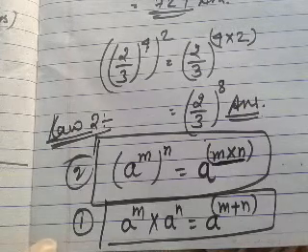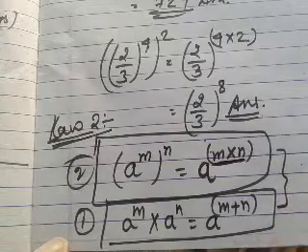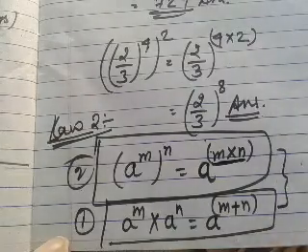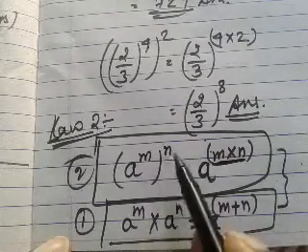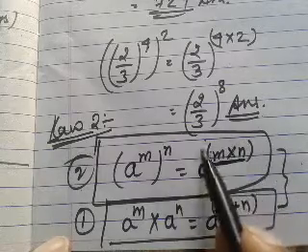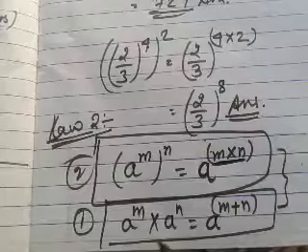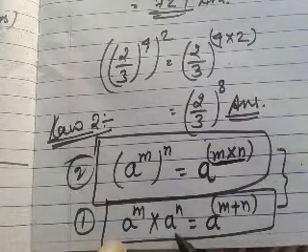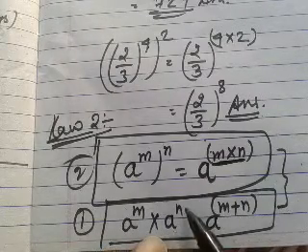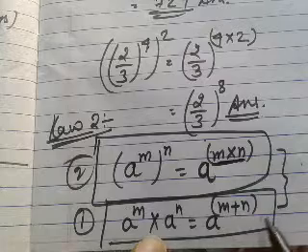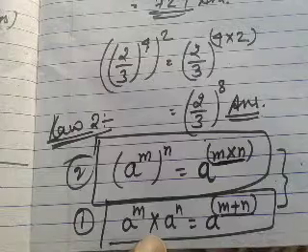So make a clear difference between these two laws. If the expression is written in power of power form, then we need to multiply these two powers. Or if the expression is written as mentioned here, a raised to the power m multiplied by a raised to the power n, then you get your answer when we add these powers.